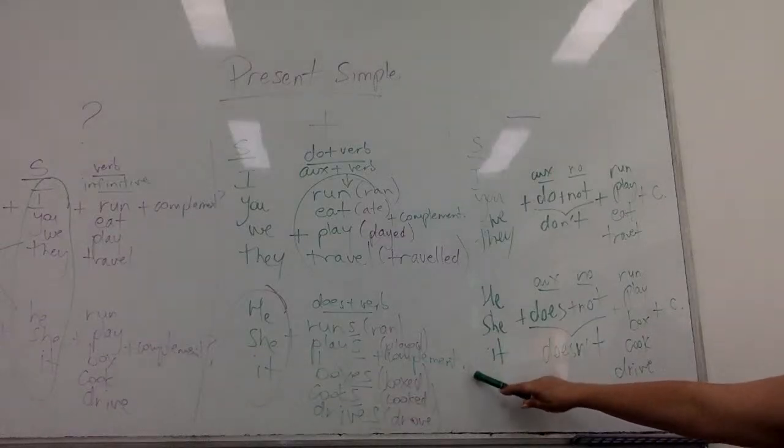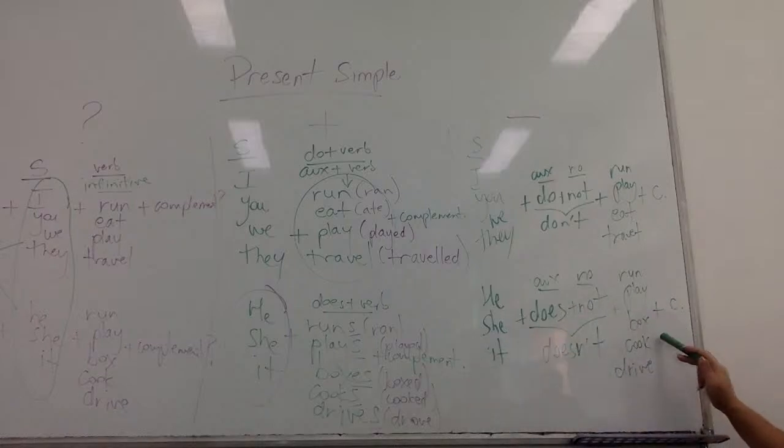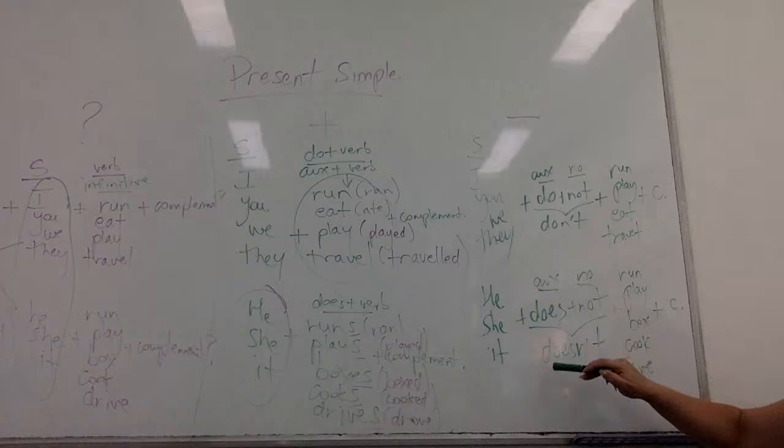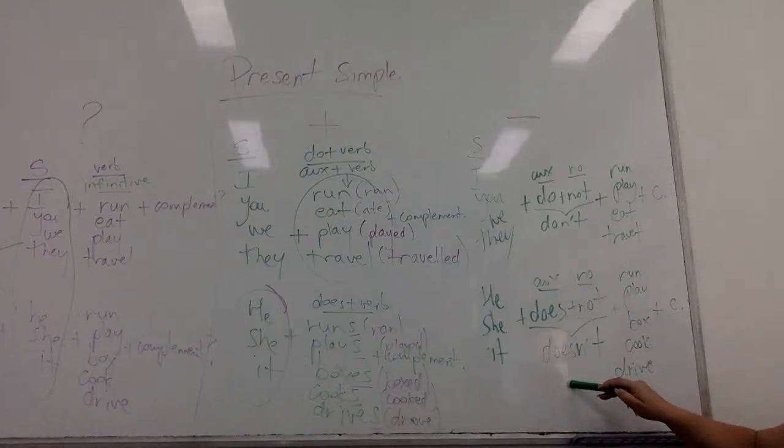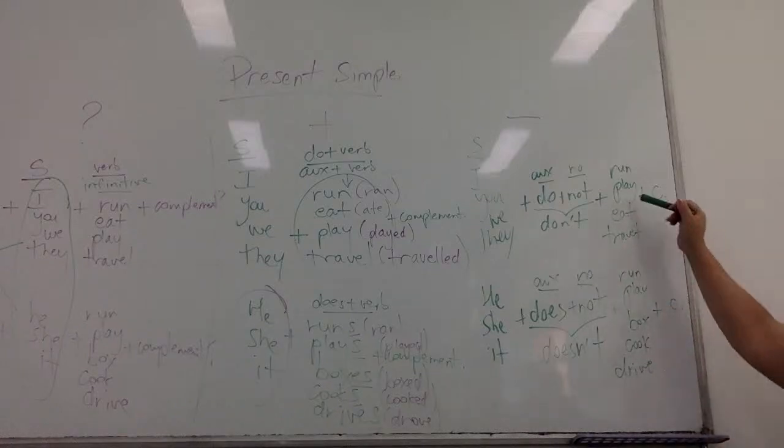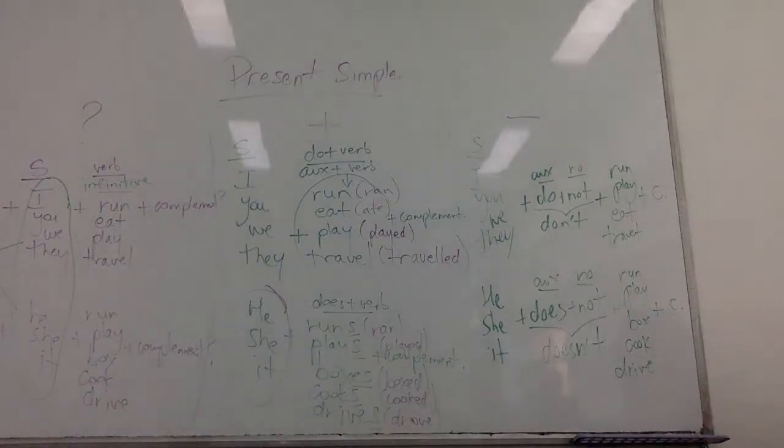Only in the affirmative. Because here in negative now, I'm using don't and doesn't. I have do and does as my auxiliaries. So my verbs are in infinitive, original state again.